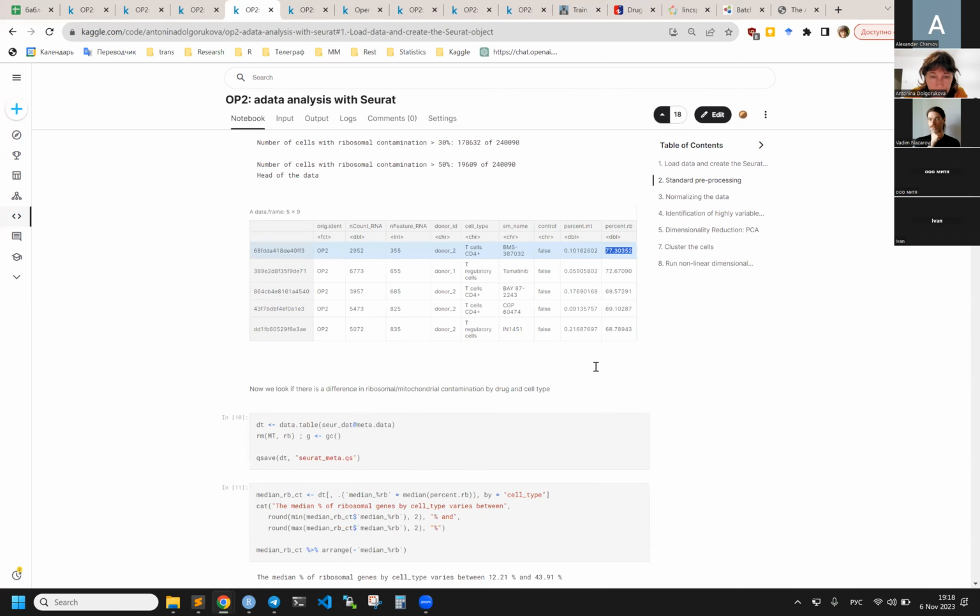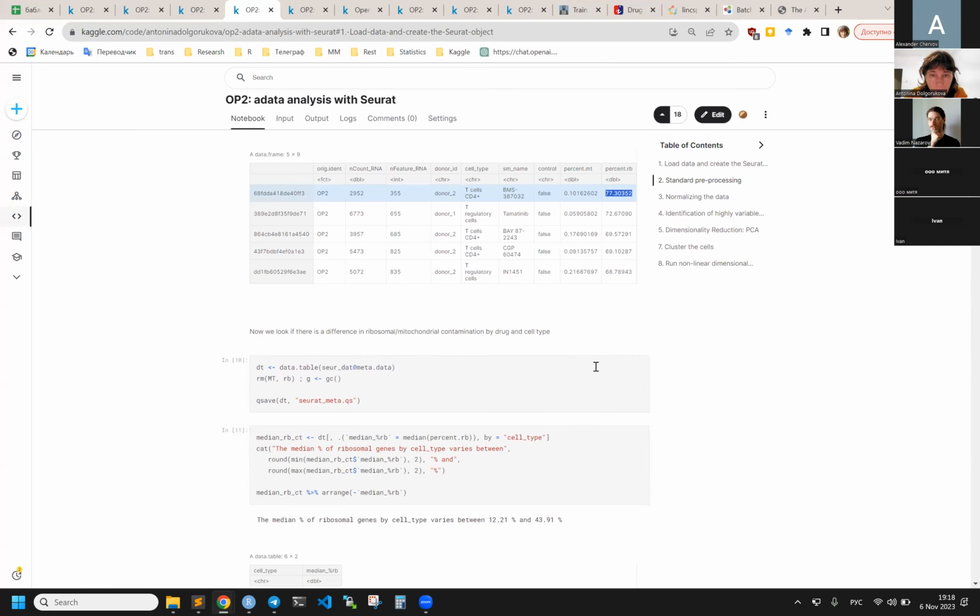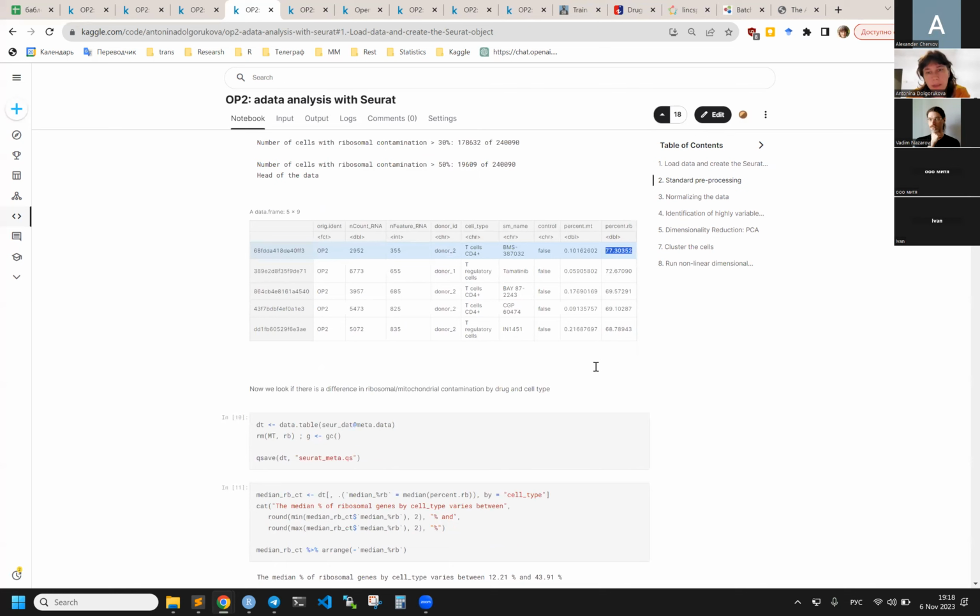So now we know that the distribution of ribosomal genes varies between cells. Maybe there is some meaningful difference between cell types, right? And because we have data after drug treatment, we also check if it is somehow related to drugs.